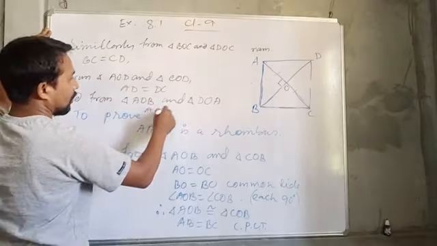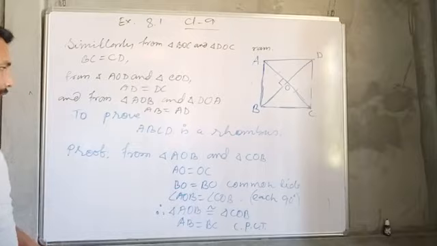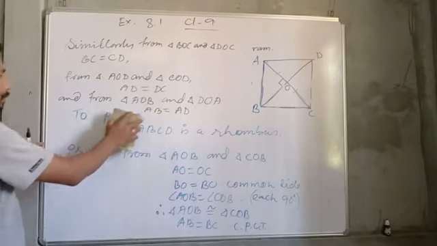AB equal to AD. That is what we get. All the sides are equal.